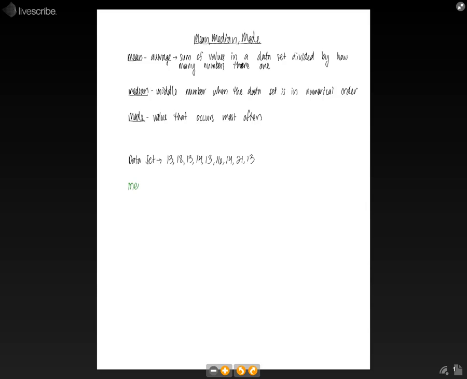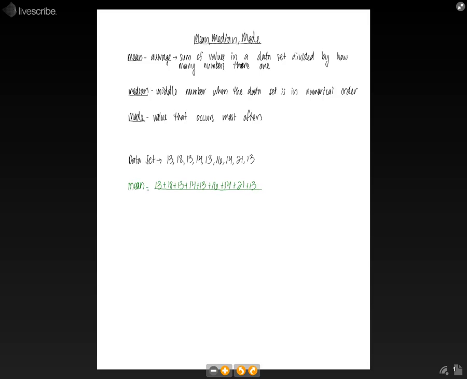So to start off with, the mean, like we said, is just the average. So we're just going to take the sum of all of our numbers. This gets kind of long, but you just add up all of the numbers in your data set divided by how many numbers there are in your data set.